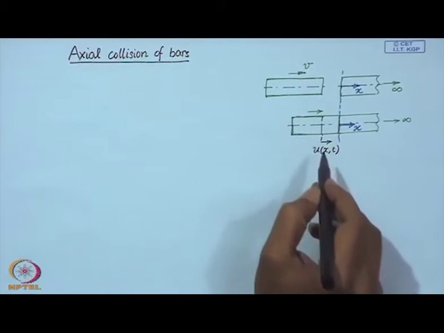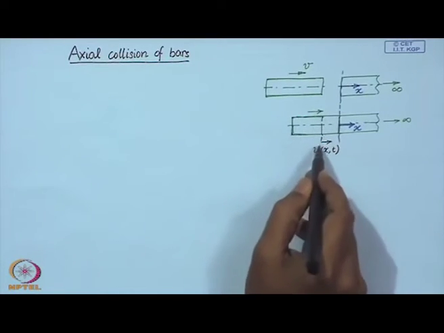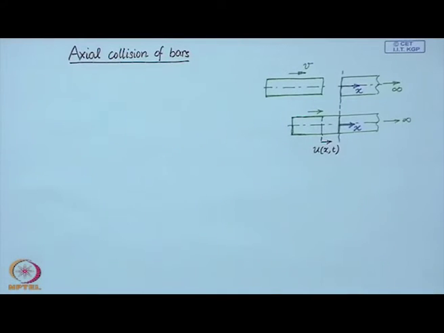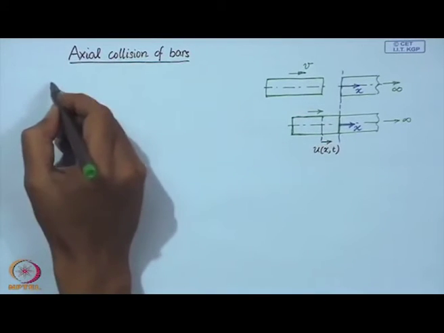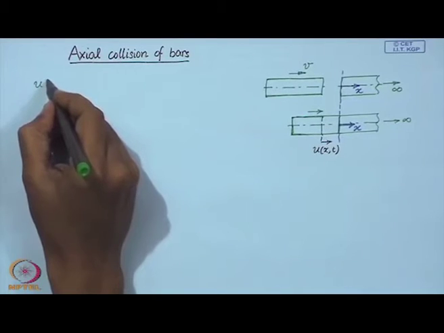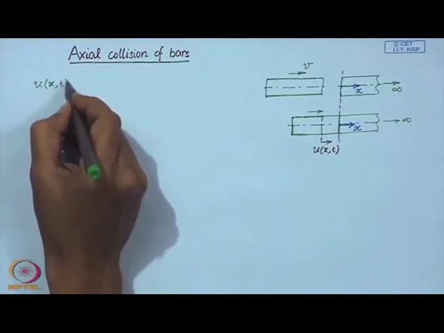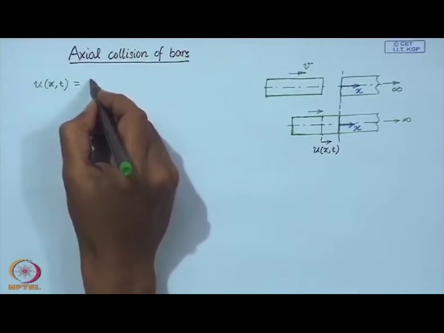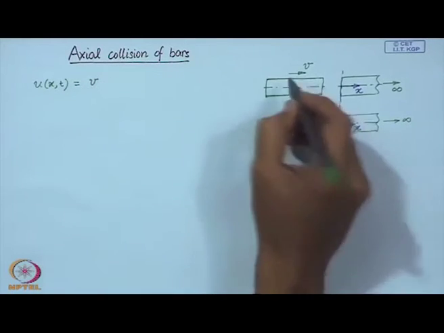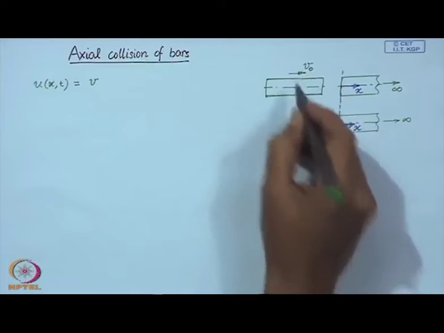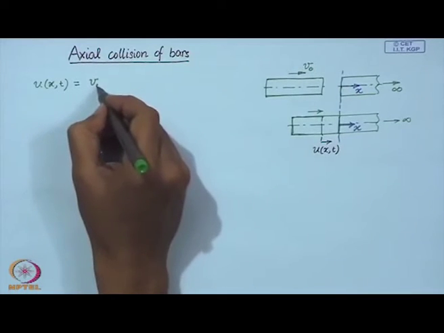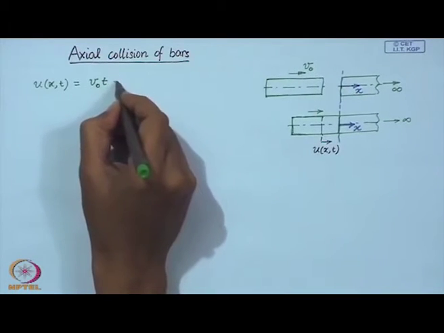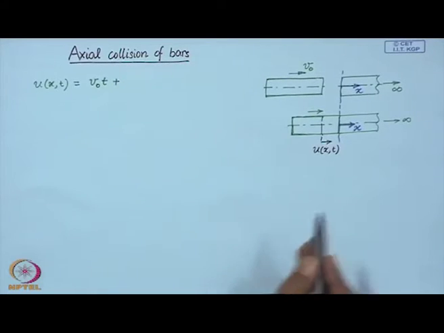Now, the motion of the finite bar just before collision, if I call this initial speed v0.